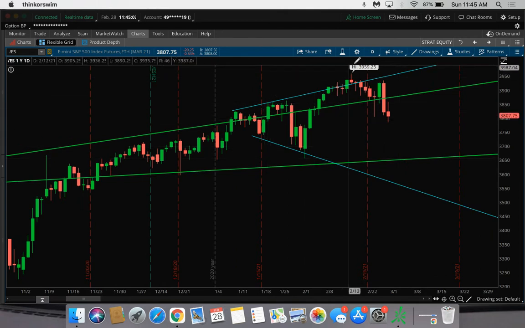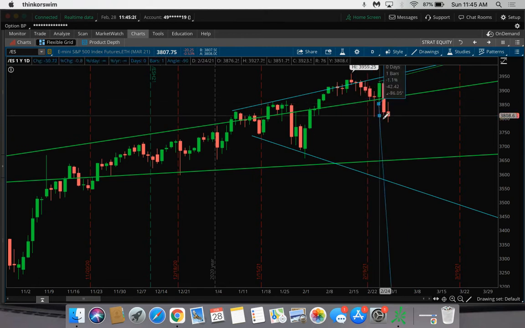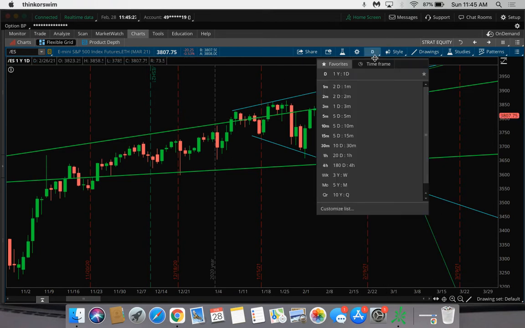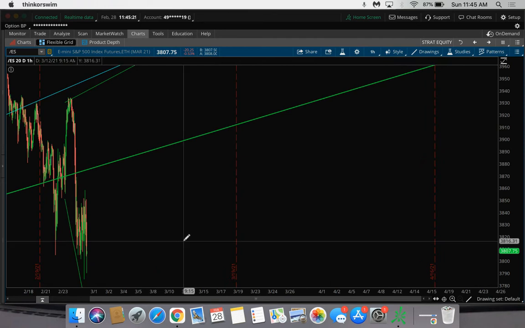We're still seeing that same broadening formation, right? On the weekly. If we go into the daily, we do see there's one here. Right? And we can go into the hourly.